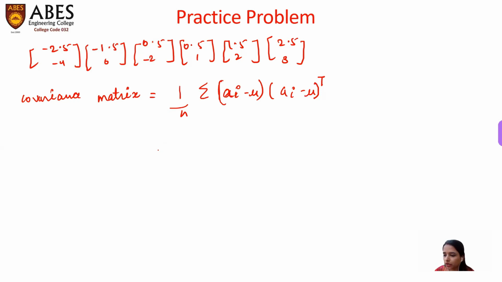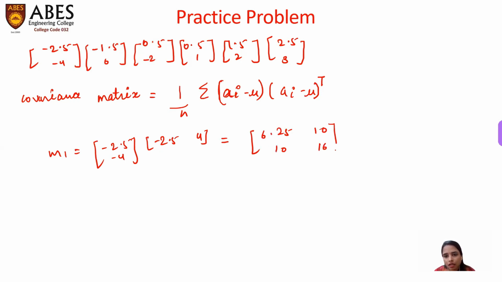For data point A1, I am calculating it here. M1 equals the matrix minus 2.5, minus 4 multiplied with its transpose, minus 2.5 and minus 4, which equals 6.25, 10, 10 and 16. How did I get these values? We have applied the matrix multiplication formula here.